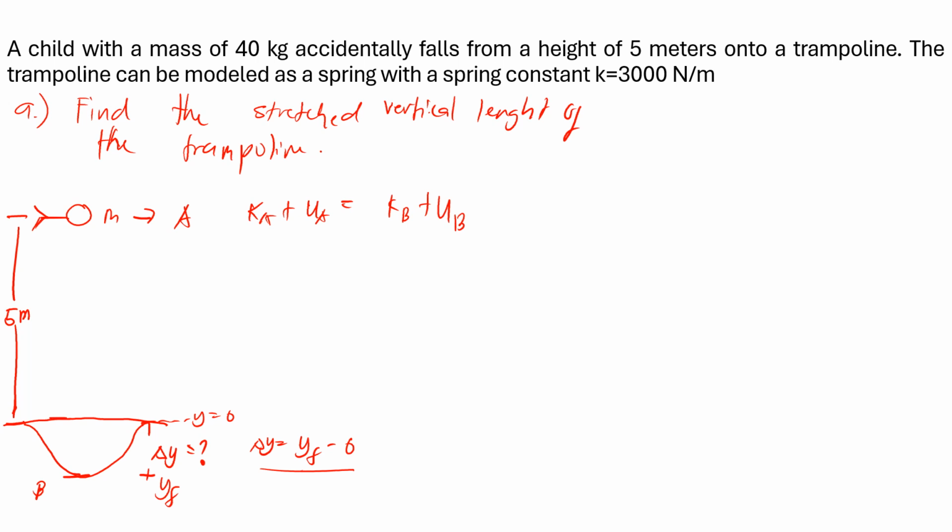Our KA here we can assume is 0 because it's an accident, it falls starting at rest, and KB we can also assume is 0 because of the maximum stretching in this part. There will come a point where VB equals 0. So you'll have this expression UA is equal to UB.